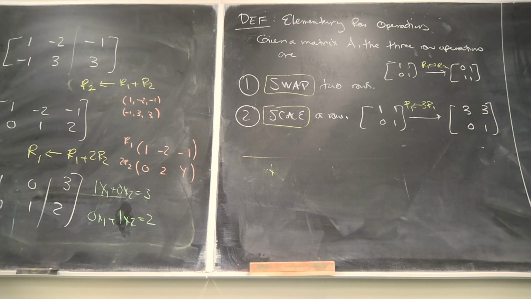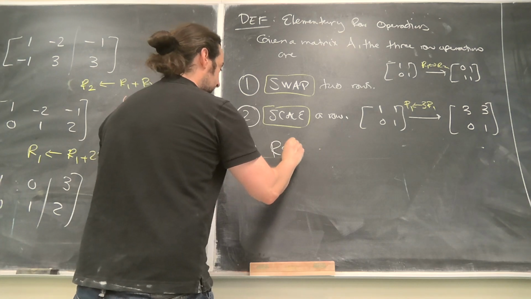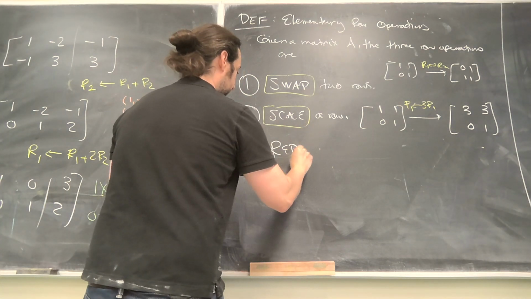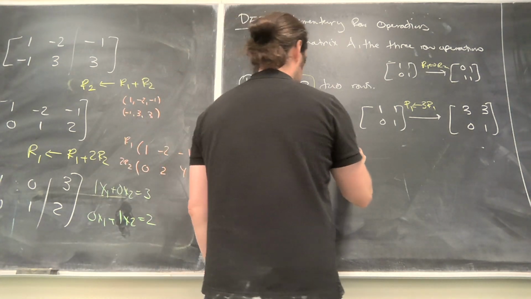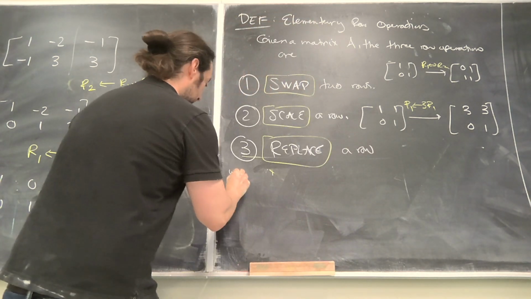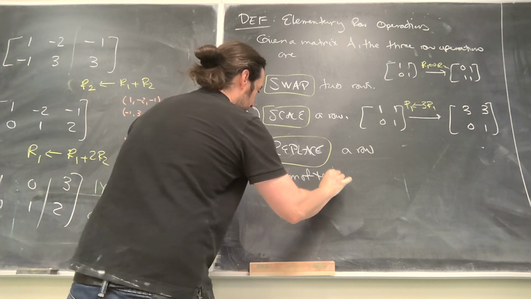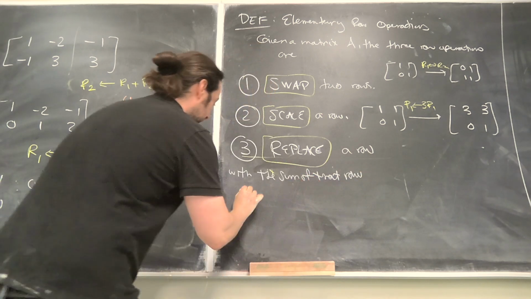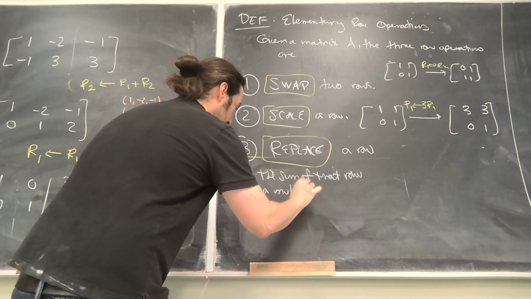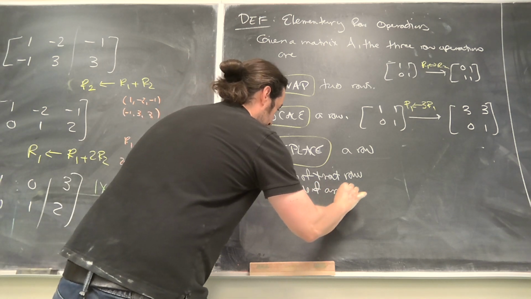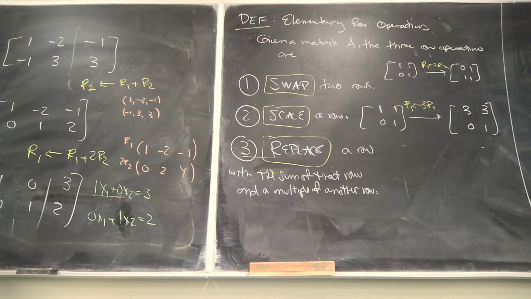Okay. And step 3, and this is the most important one, I can replace a row with the sum of that row and a multiple of another row. And we did that all over here.